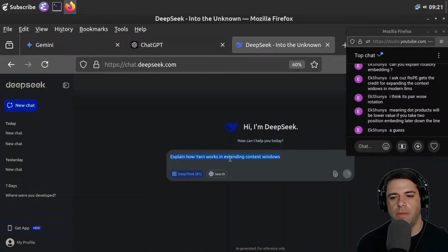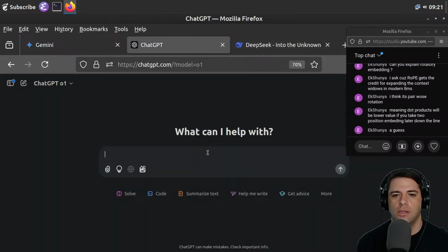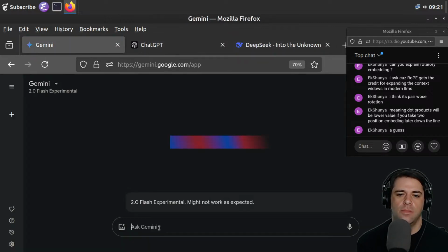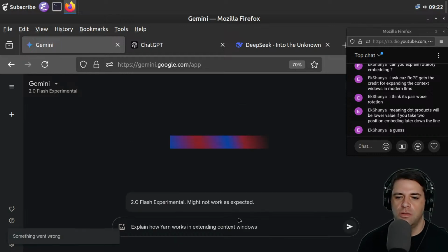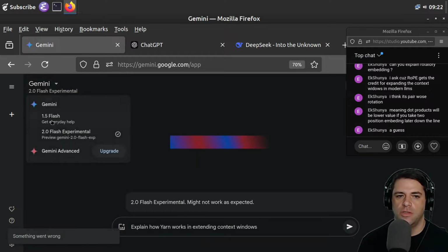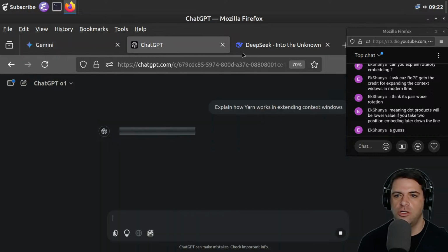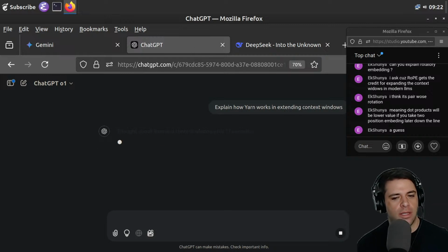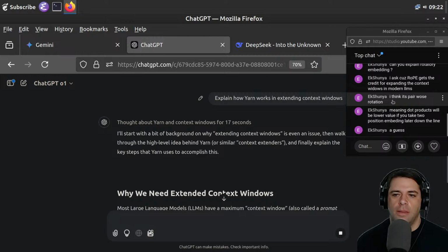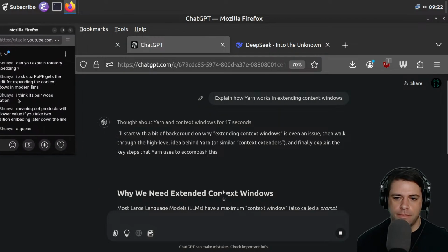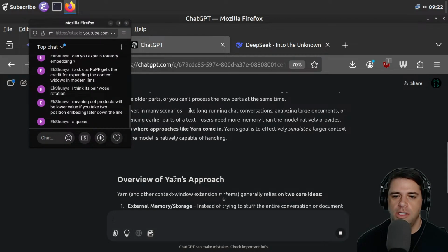It's been having problems. Now Gemini too, I'm trying the experimental 2.0. Something went wrong. How about this one? Are these all just using the same LLM under the hood? Is that why they're all not working?